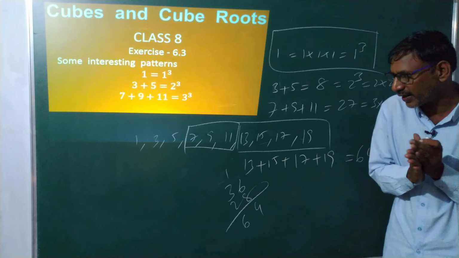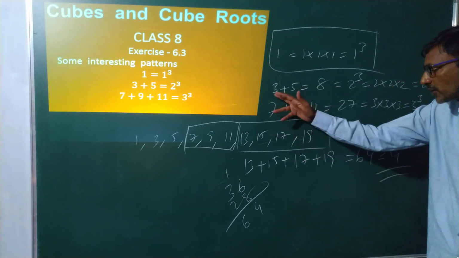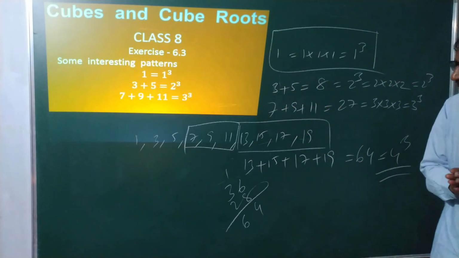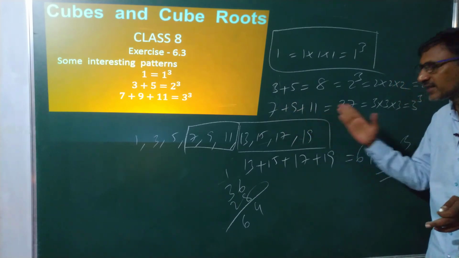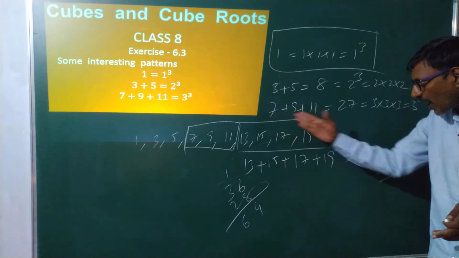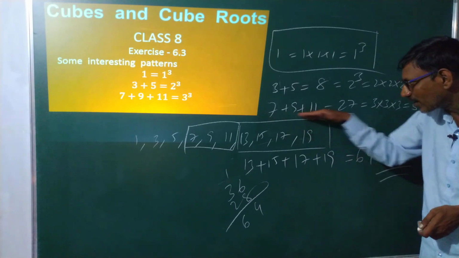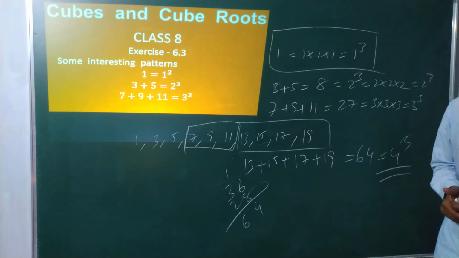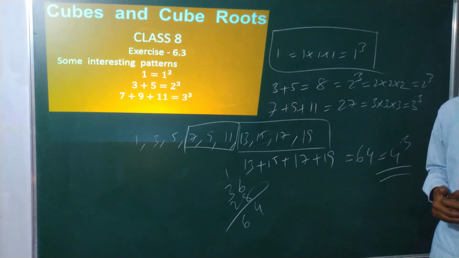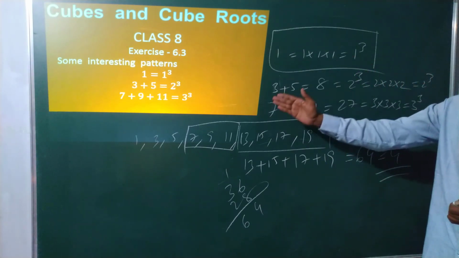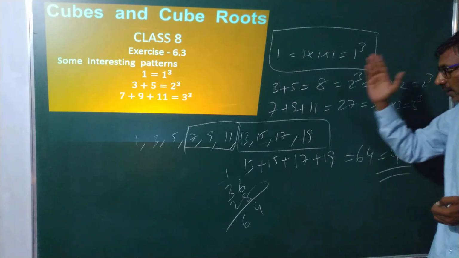A cubic number we can write in the form of 3 plus 5, then 7 plus 9 plus 11. These are all odd natural numbers, all consecutive odd natural numbers. Here only 2 consecutive odd numbers from the first give 2 cube.